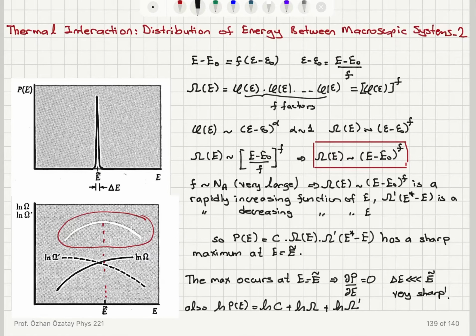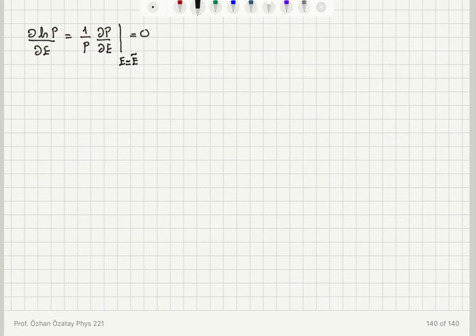So if I look at the natural logarithm of the probability here, let's take the derivative: the derivative of the natural logarithm of C with respect to E, plus the natural logarithm of omega of E with respect to E, plus the natural logarithm of omega prime of E star minus E with respect to E. This has to be equal to 0.